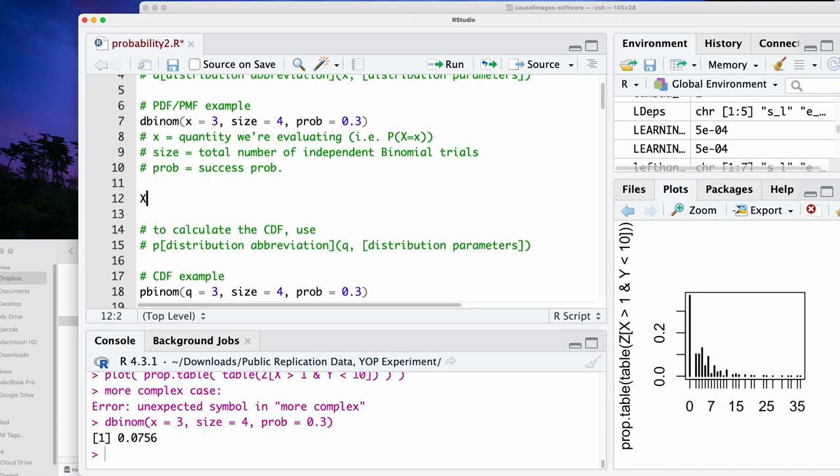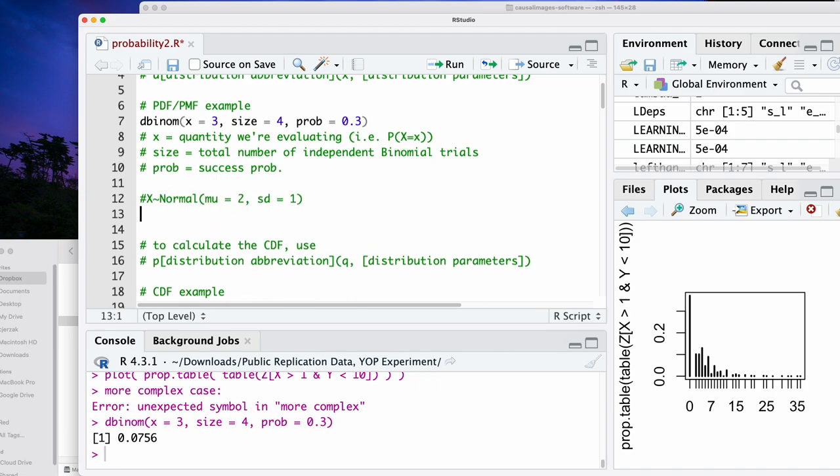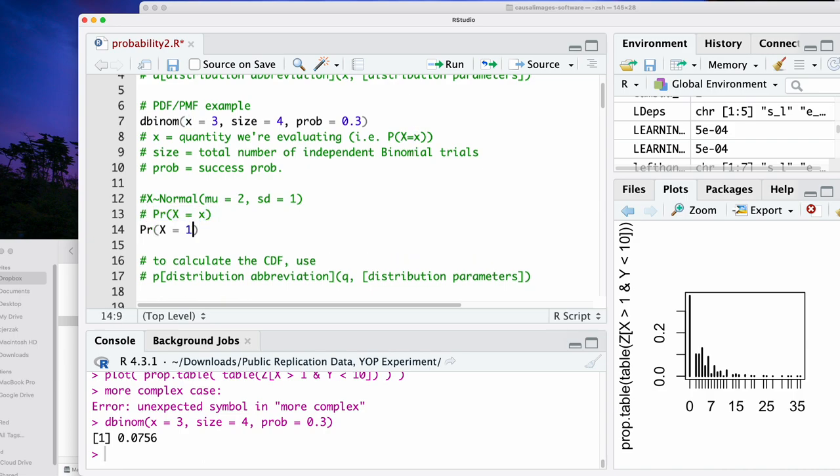If X is normally distributed, let's say with a mu of 2 and a standard deviation of 1, we could ask ourselves, what's the probability that X takes on the value little x? And remember, little x just gets replaced with something. So little x could be replaced with 1. And we could ask ourselves this question.